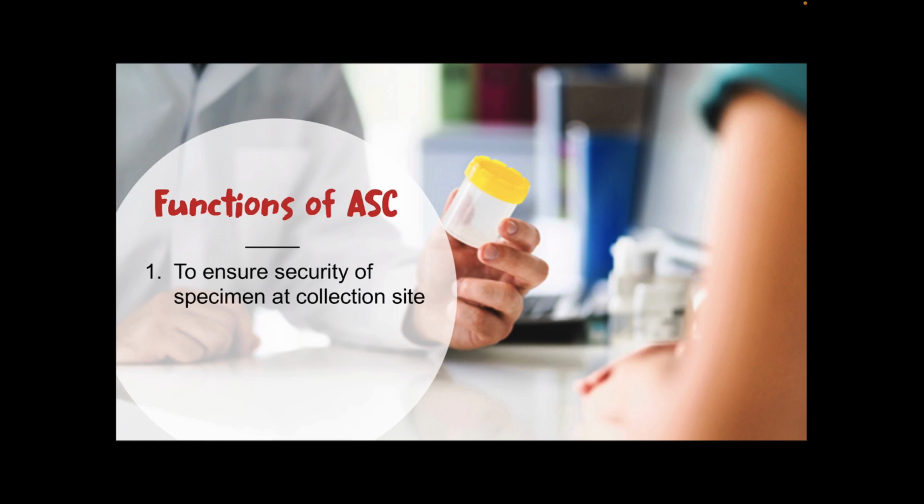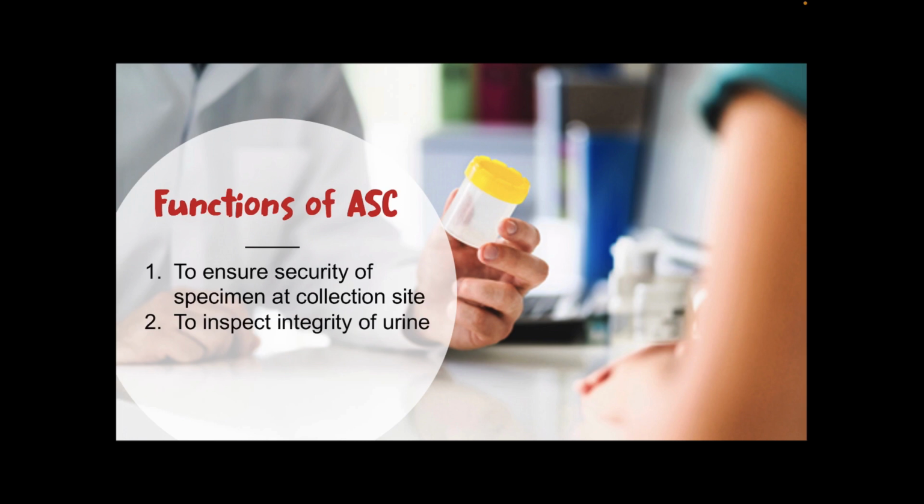Most importantly, the ASC accepts the specimen and makes sure that it is sealed and the container is secured, and he does this in the presence of the donor, the subject, or the client. Next, to inspect the integrity of the urine sample.